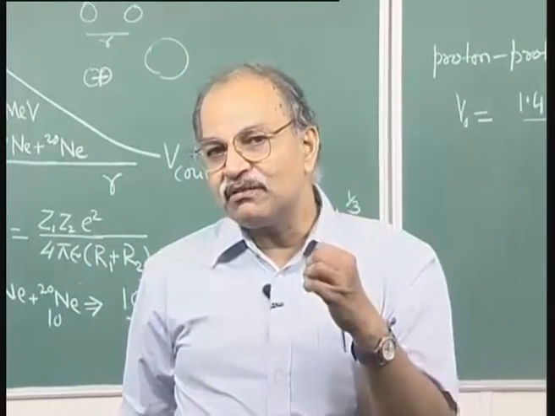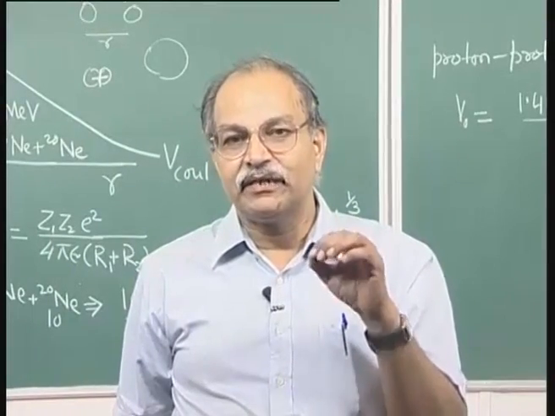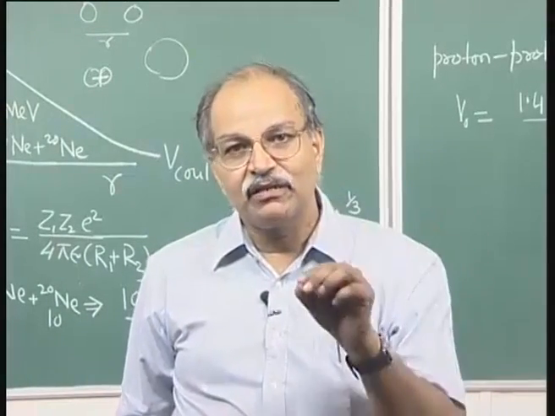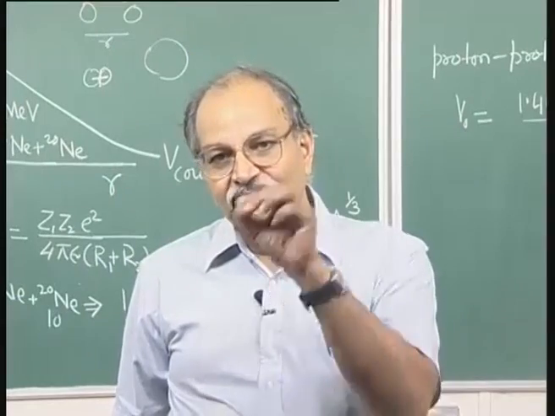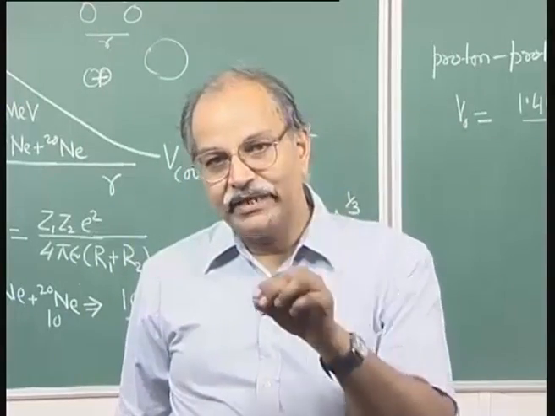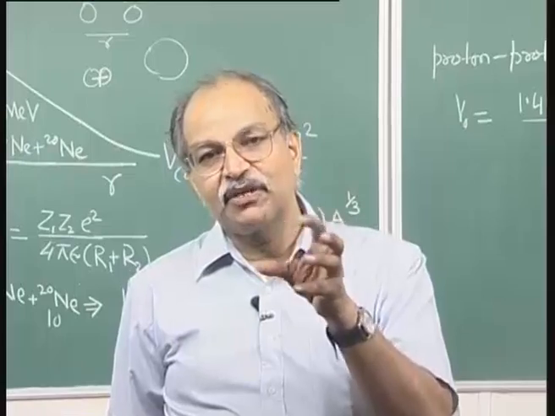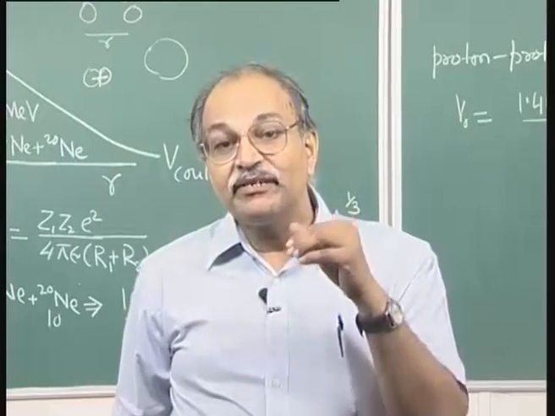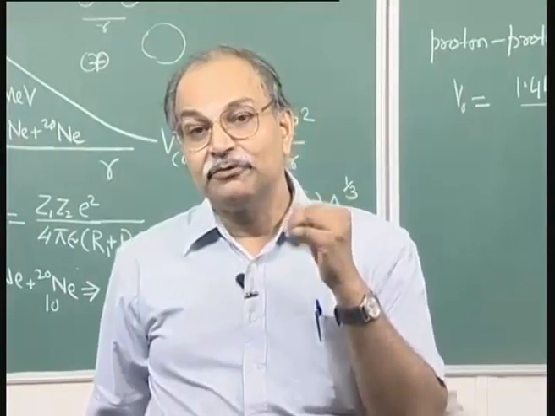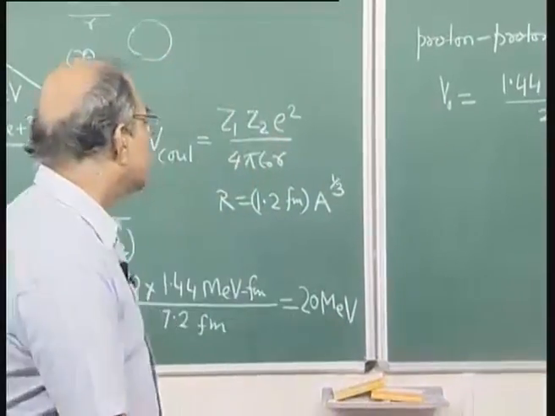When nuclear fusion is done using this thermal kinetic energy of the particles of these nuclei in a gaseous type of system confined in a volume, we call it thermonuclear fusion, right, thermonuclear fusion.